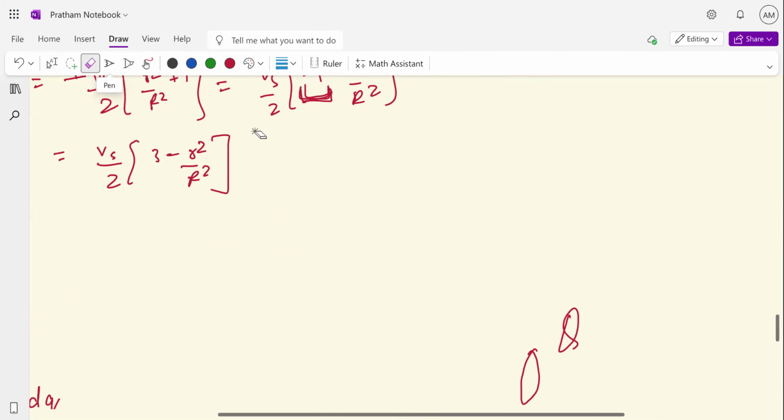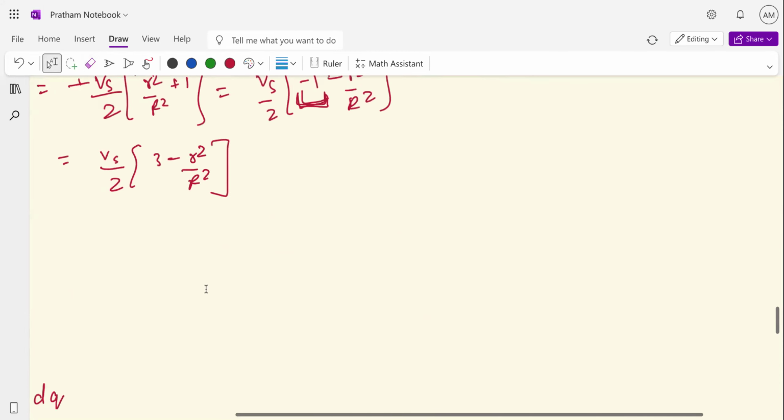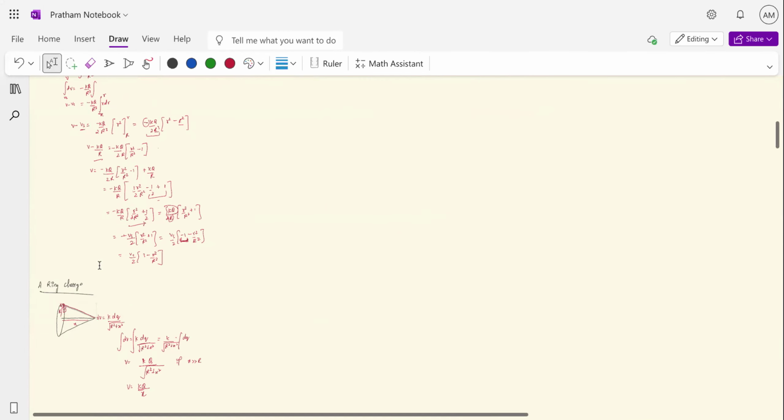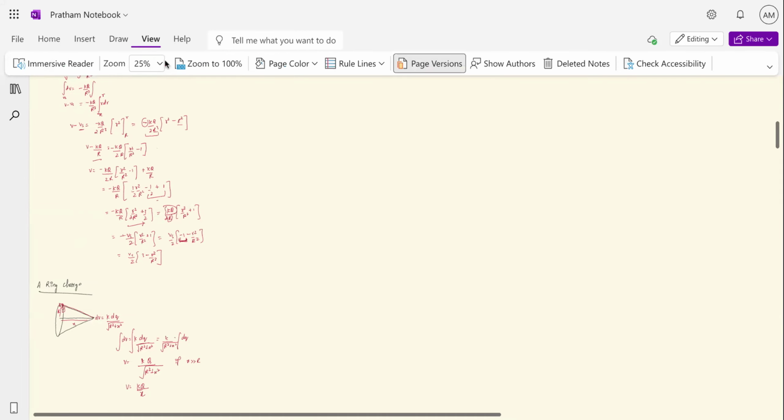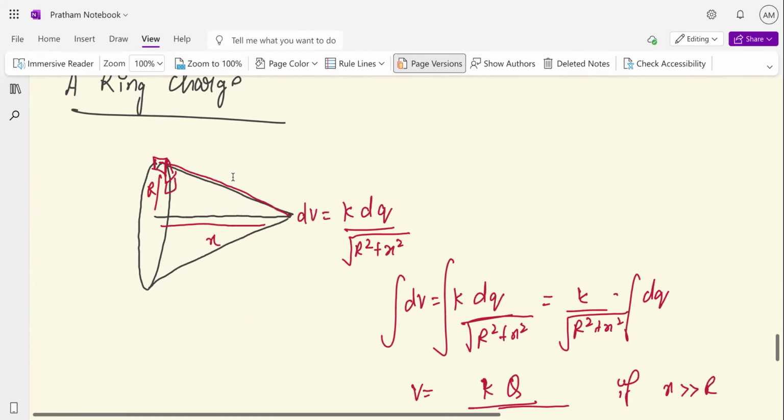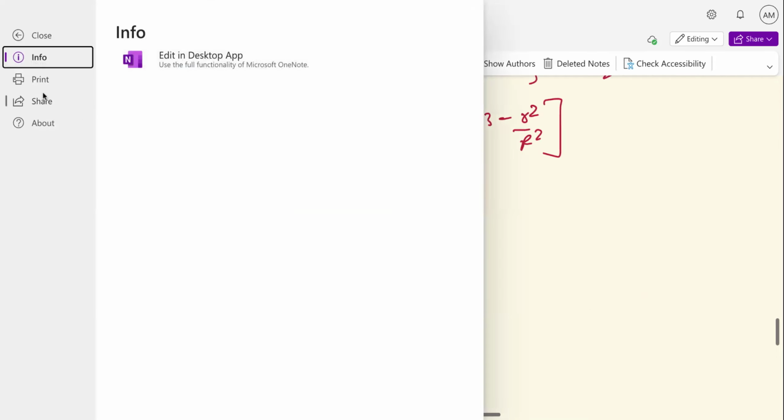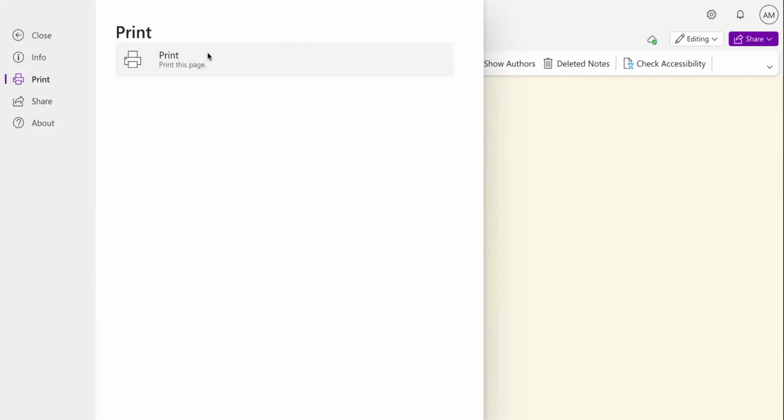And I'm going to add this part. Check if I print this.